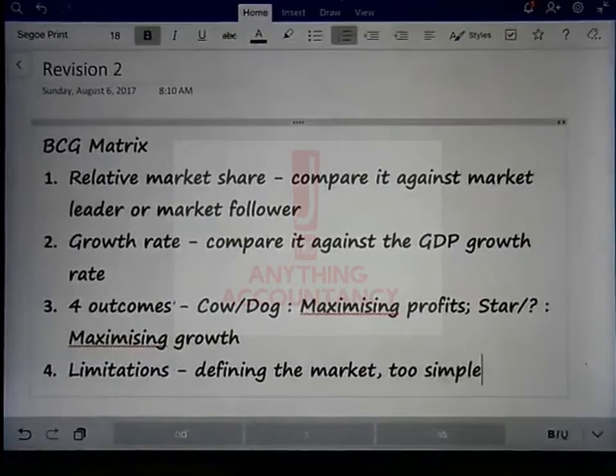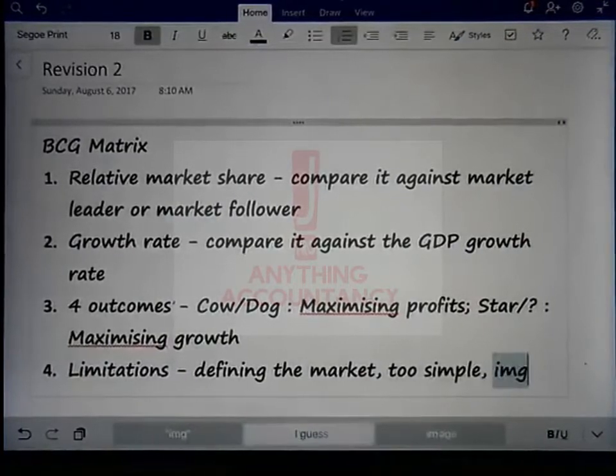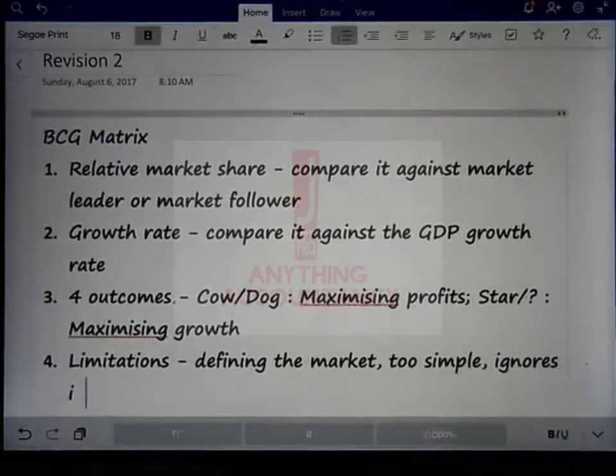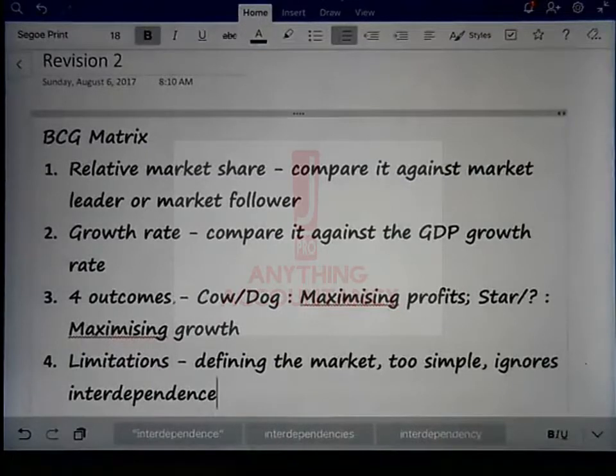Too simple. It kind of ignores interdependence. Are you okay? Right.